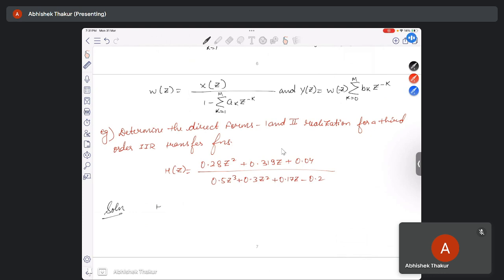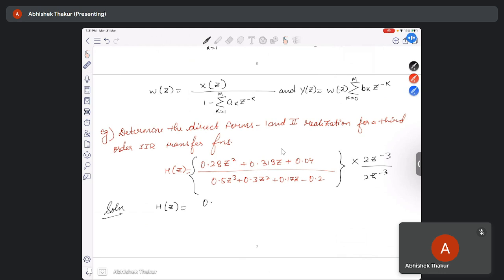So H(z) will be, what we will do, multiply the transfer function in numerator and denominator by 2 z to the power of minus 3. So what we will get after this?